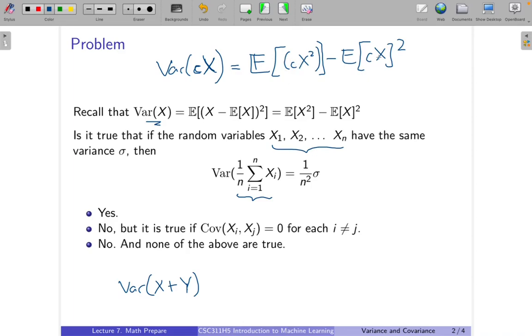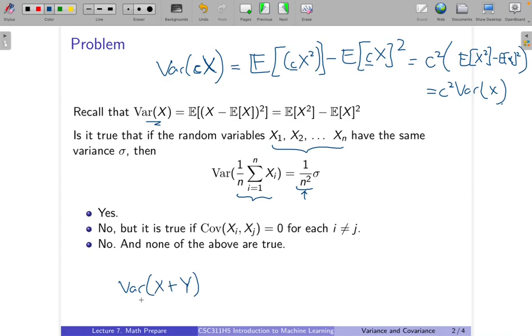And the c's get squared, and then we just get c squared times the expected value of x squared minus the expected value of x, squared. So we get c squared var of x. So you can kind of see where this square term is coming from.